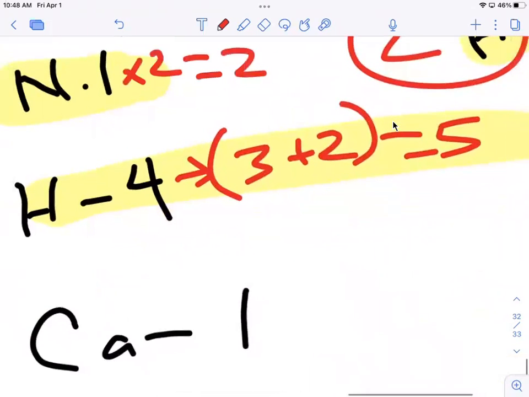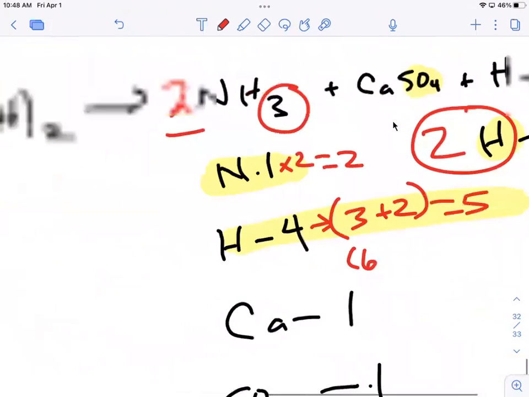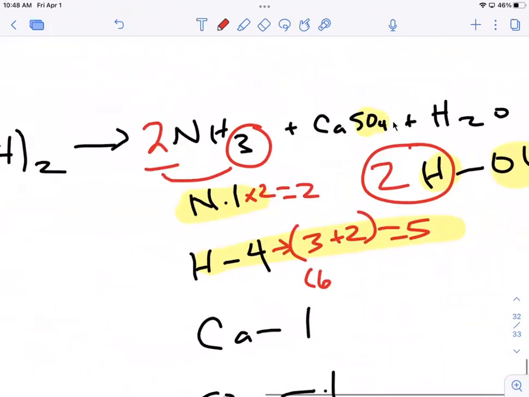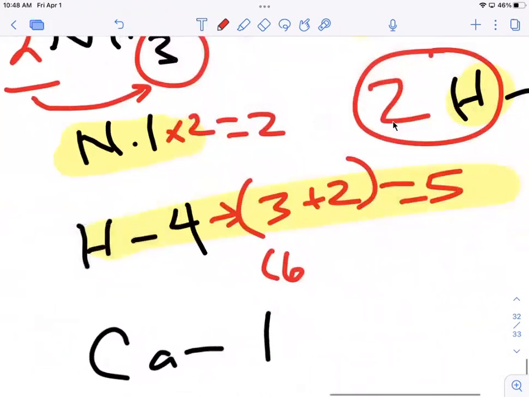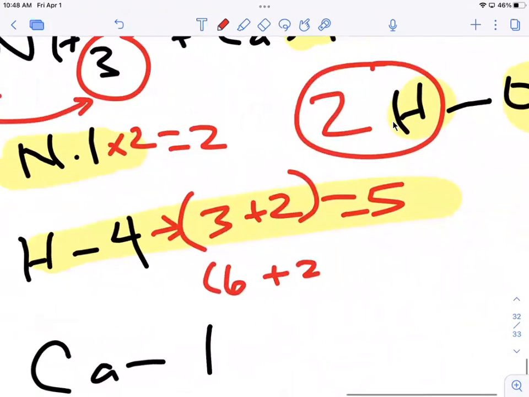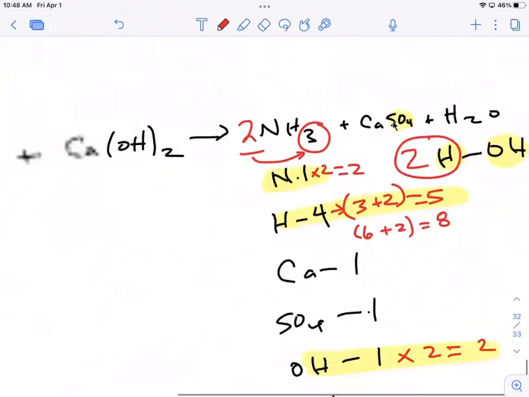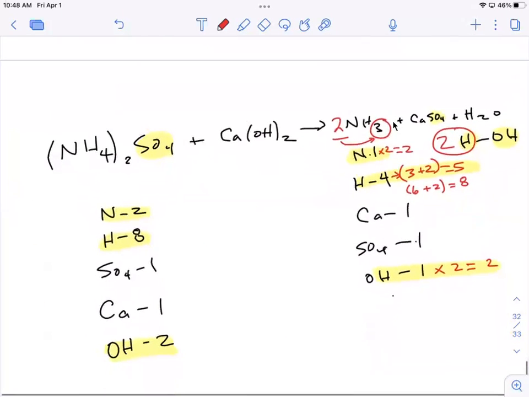So now that's going to become 6. Everybody see that? 2 times 3 is 6. So it's going to change the number of hydrogens again. So that's going to be 6 plus the 2 we got over here, for a total of 8. Right, so now my nitrogens and hydrogens are balanced. Is that right?